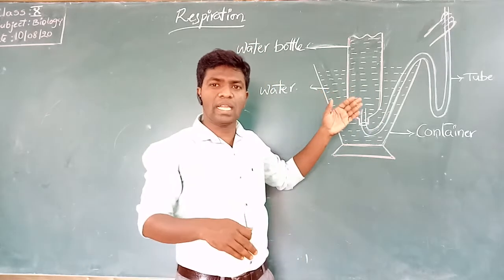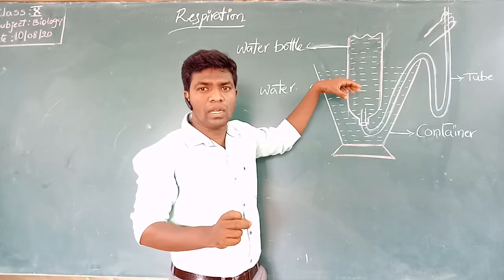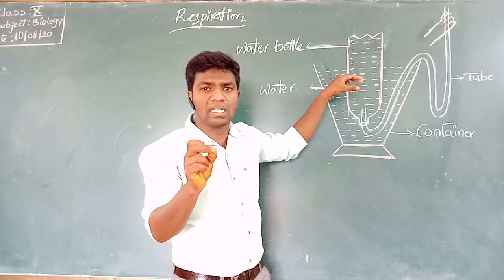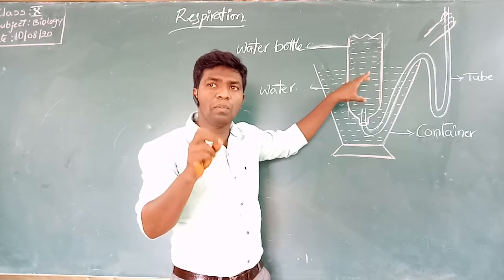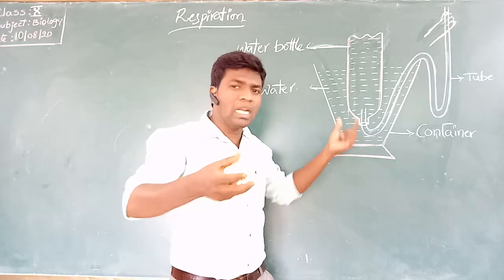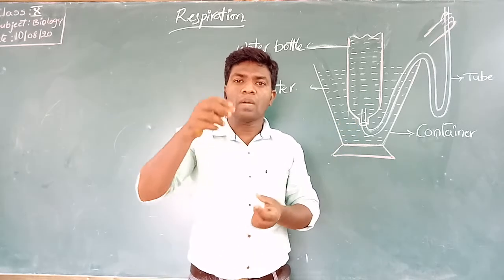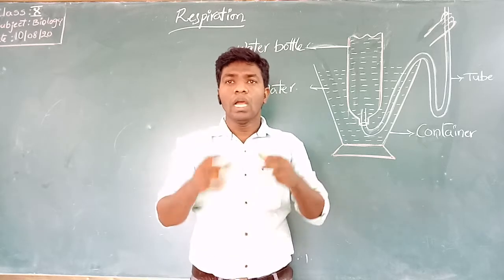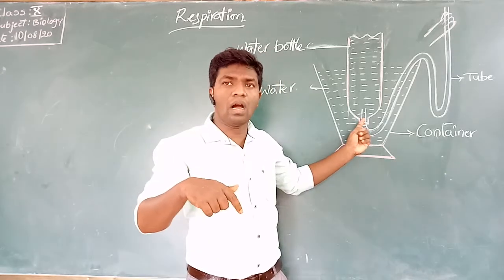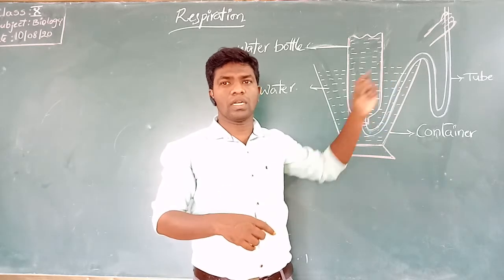So while inverting the bottle in the container of water, you should take care. When inverting the bottle, we must invert it so that no air bubbles go inside the bottle. Next, insert one end of the tube and leave the other end outside.